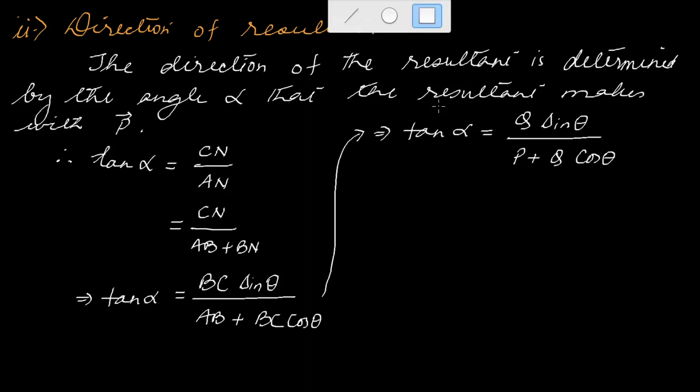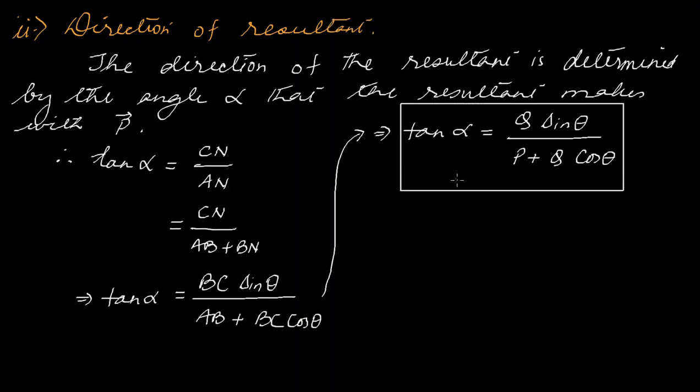If we know the tan of alpha, then we would be able to know the value of alpha. So this equation gives the direction of the resultant with respect to the vector P bar.